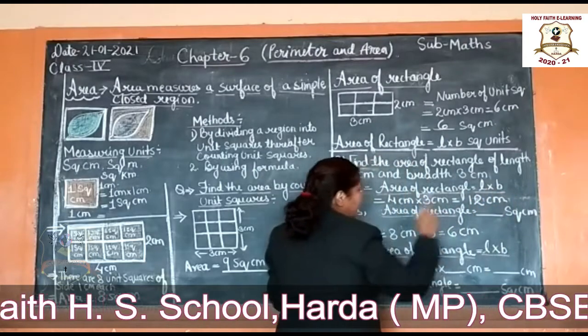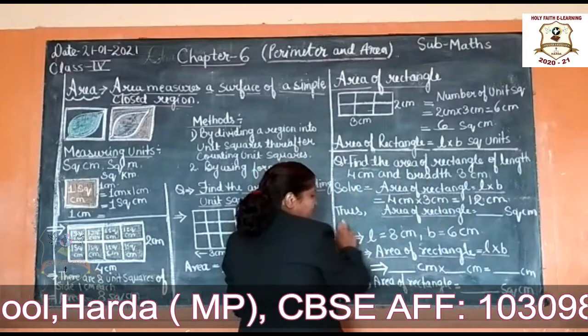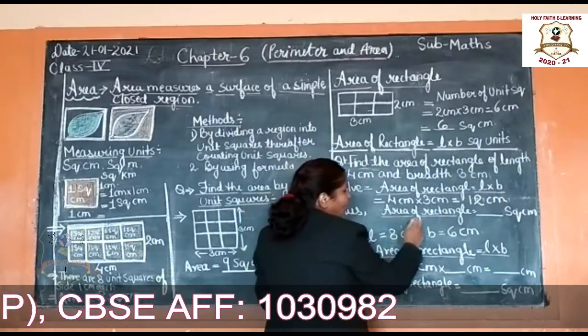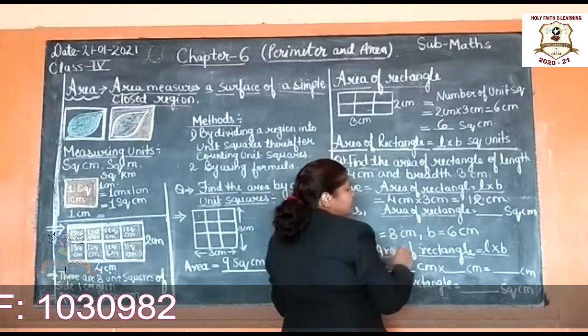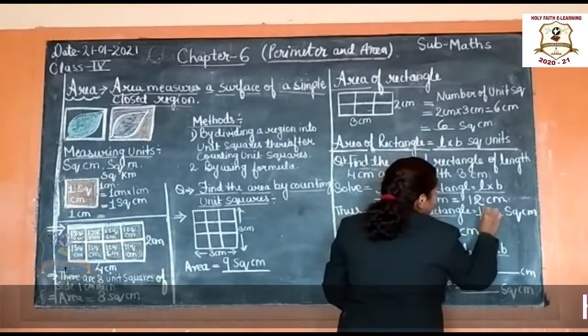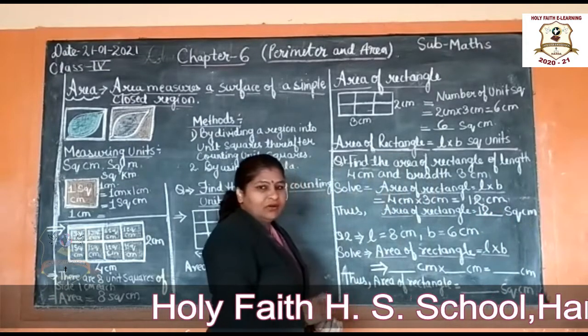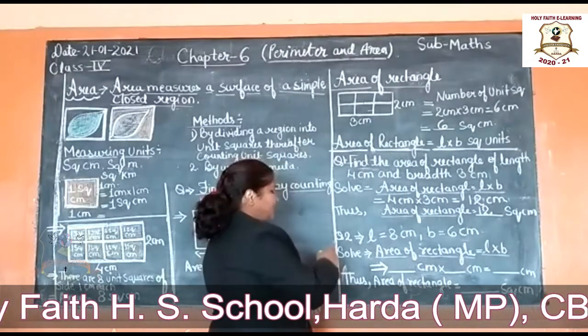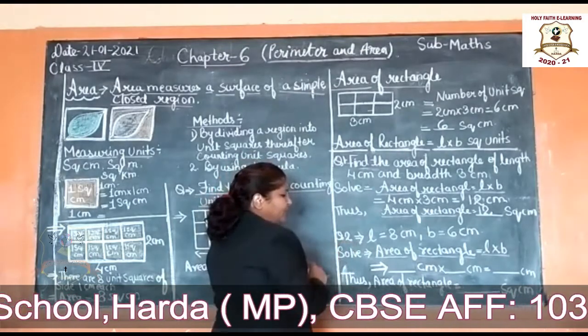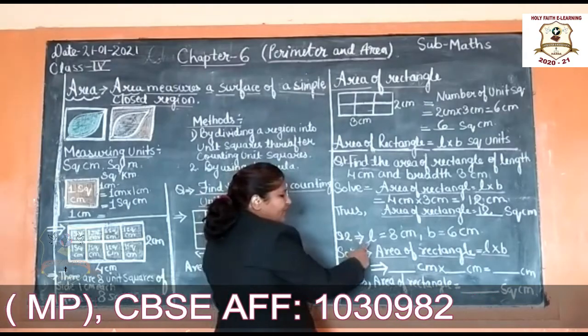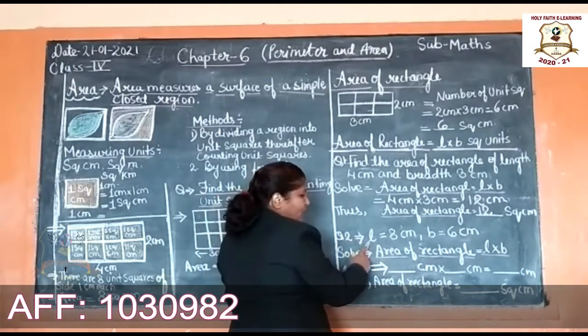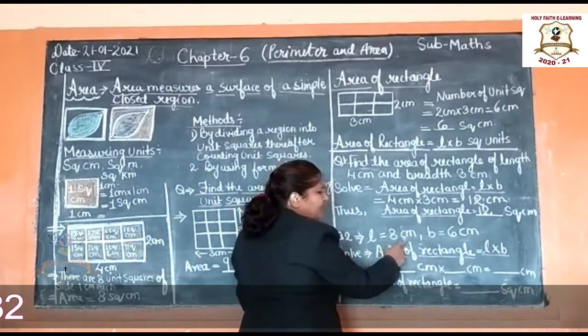So thus we can say area of rectangle is 12 square centimeter.